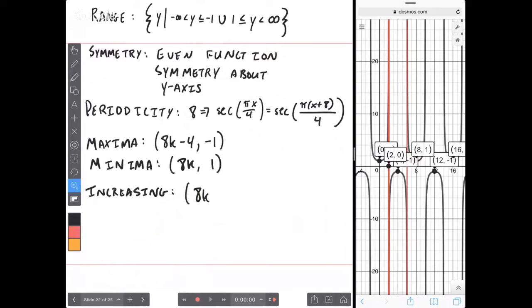But the next asymptote is always going to be 8k plus 2, right? Yeah. And then I'm going to keep going up from that asymptote to the next minimum. No, to the next maximum. 8k plus 4.